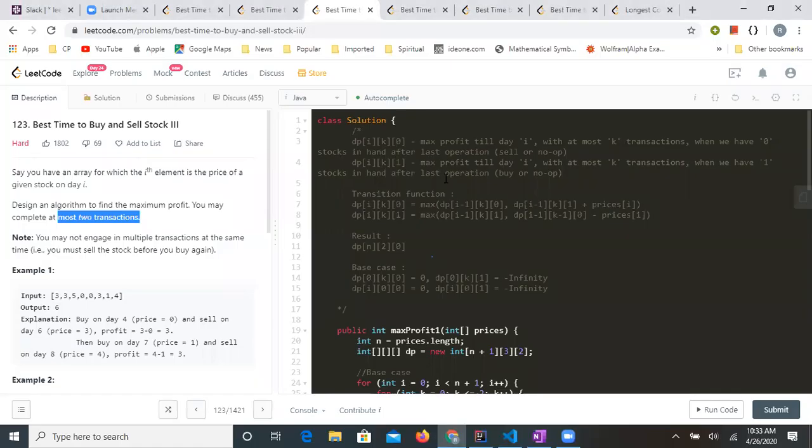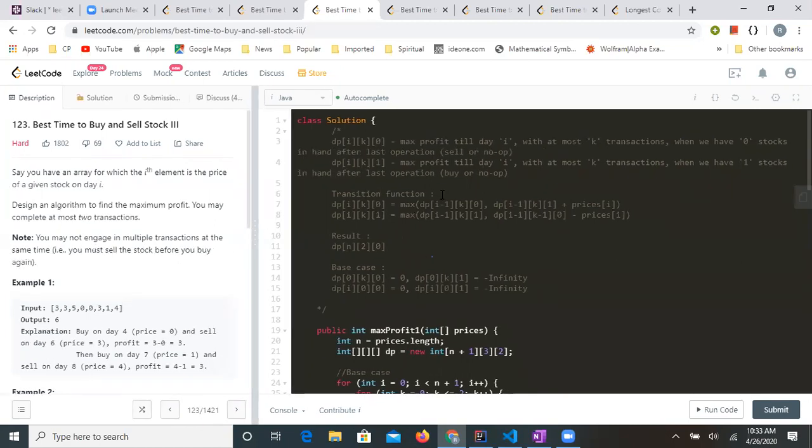So let's look at it. With 2 transactions, what changes? The way we have defined our equation, we have covered everything. We have the same transition function because we generalized it to k transactions. So no problem. The only thing is now your result would be dp[n][2][0], right?